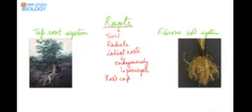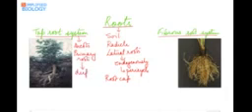Roots can be divided into two types, the taproot system and the fibrous root system. Taproot system is mainly seen in dicots. In this, the primary root that develops from the radicle enters deep into the soil.